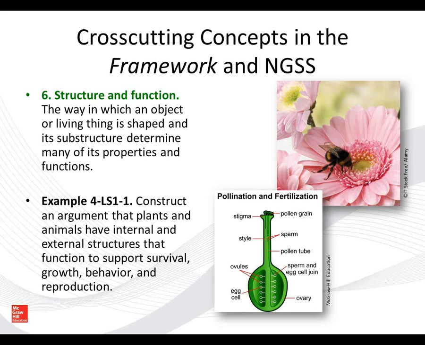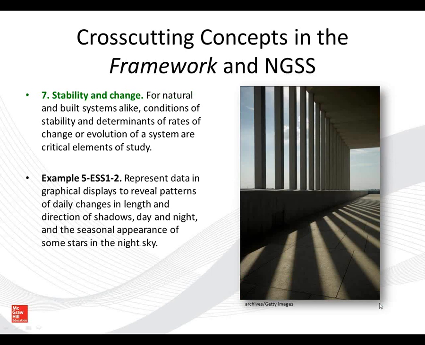So a way of understanding organisms is to understand their structures. And their structures are keys to the kinds of functions they have that enable those organisms to exist in the world and to interact with other organisms. Sort of the quintessential interaction here is the bee and the flower, but there are many, many others. So let's move on to the 7th core idea.